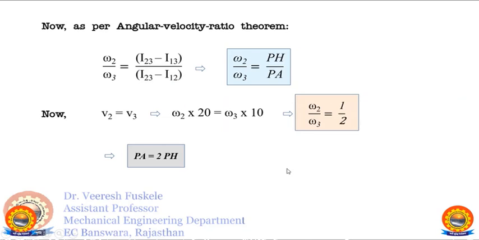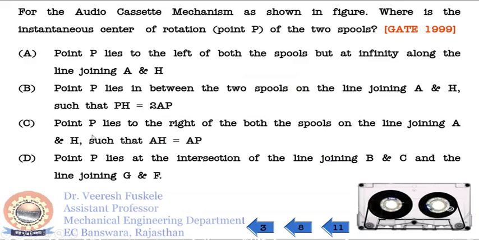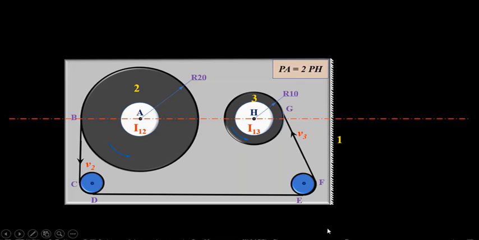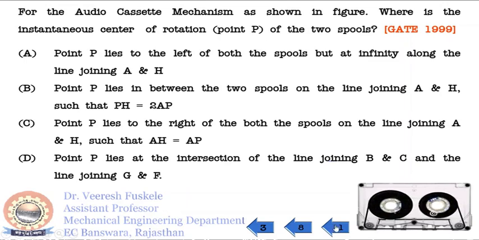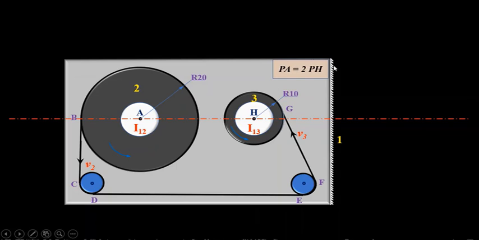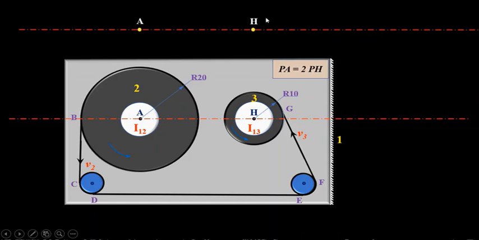So let's try option C, which says point P lies to the right of both the spools on the line joining A and H such that AH is equal to AP. So let's see whether this is possible or not. Now we have A and H here. So let's see, can we plot P such that AH is equal to AP and also PA is equal to 2pH? Now this is the same two points A and H as they were on the mechanism.